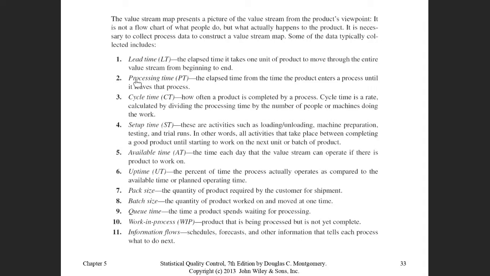The processing time is for entering the process until it leaves the process, but it could be different processes in the map. The cycle time is the rate calculated by dividing the process time by the number of people or machines doing this. This helps you identify the right resources needed for the process.